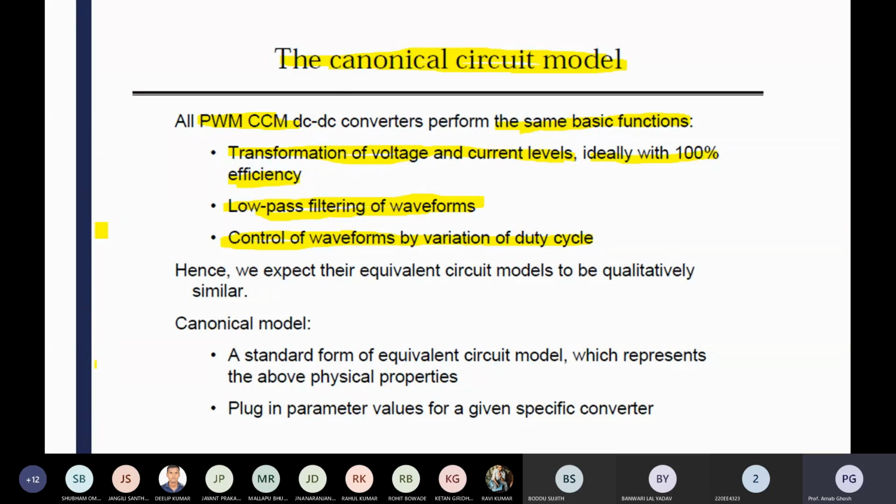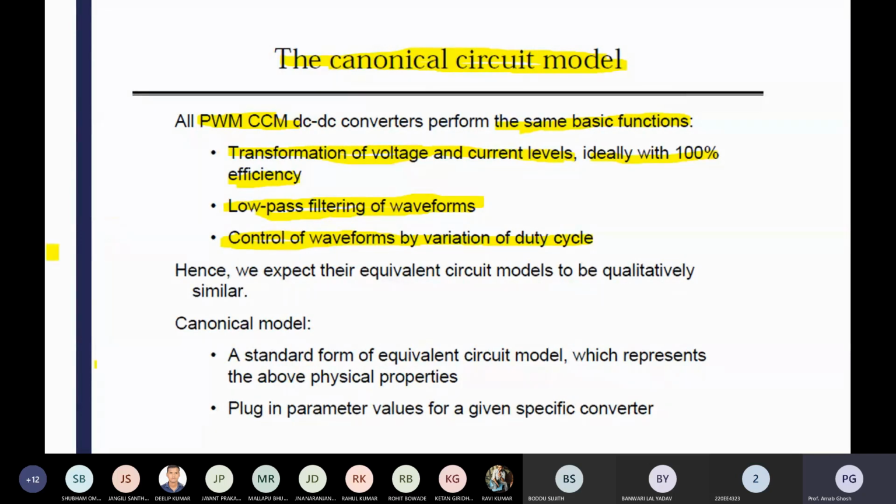Okay, control waveform with the variation of duty cycle is another important issue. In this canonical circuit model, we are giving much more emphasis on the converter duty cycle and its effect. How accurately are you going to design the control effort of your converter, that is, the closed loop converter?